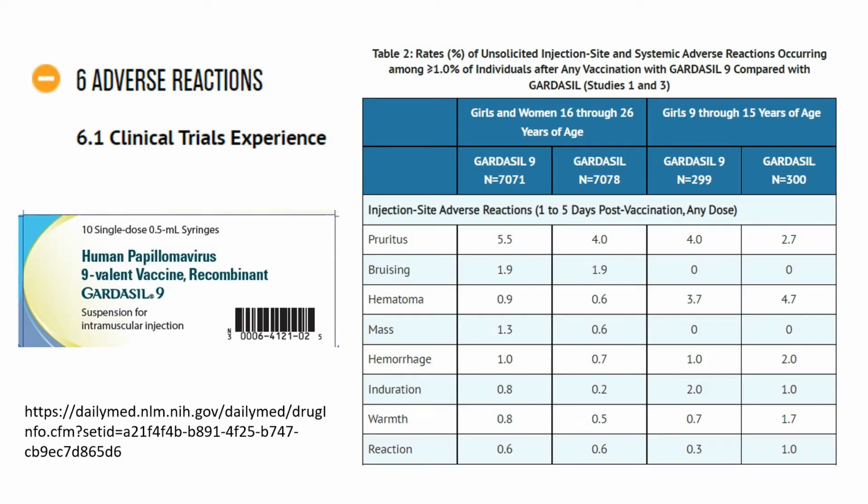The section on adverse reactions provides data observed under controlled conditions in clinical trials. This example uses the label for Gardasil, a vaccine to prevent human papillomavirus-associated cancers. The data on adverse events observed in clinical trials is presented in tabular form. Trial duration is a limited observational period. This information primarily concerns injection site reactions.